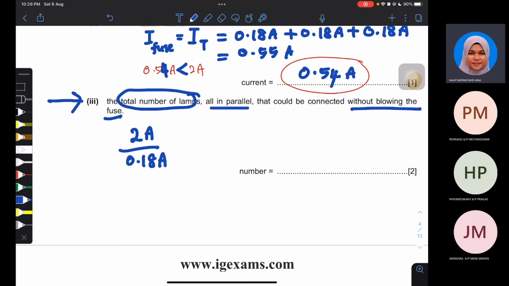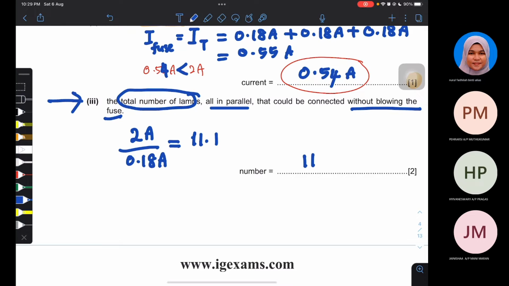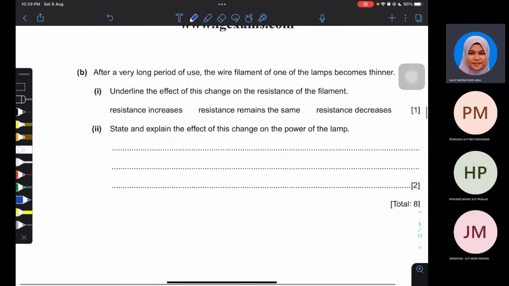Sebab setiap lampu current dia 0.18. Dapat 11.1. So 11.1 mana boleh lampu sepoint-point kan? Jadi kita round off 11 lamps. Okay, hopefully you understand the story.